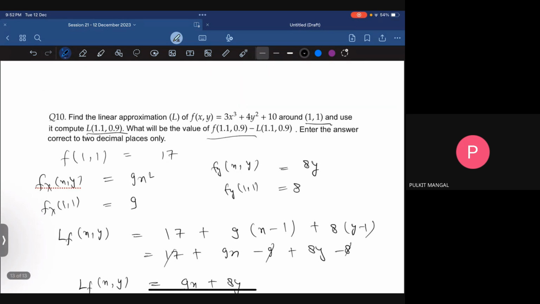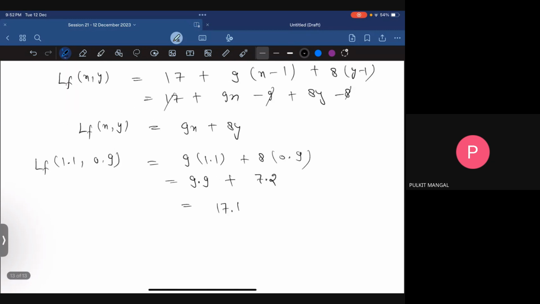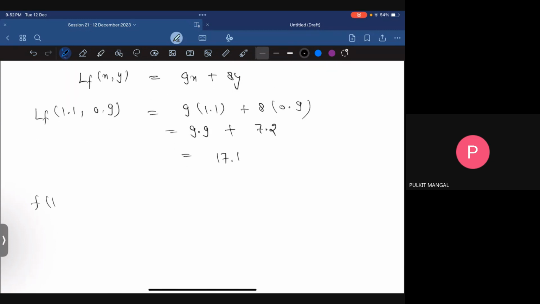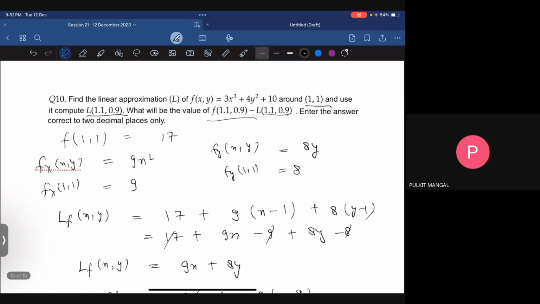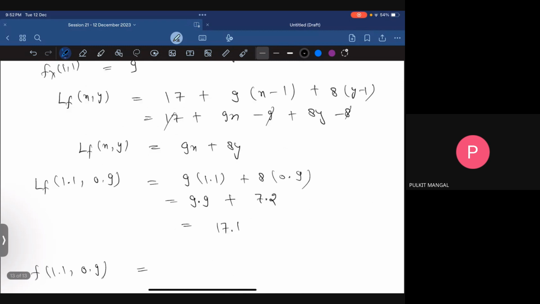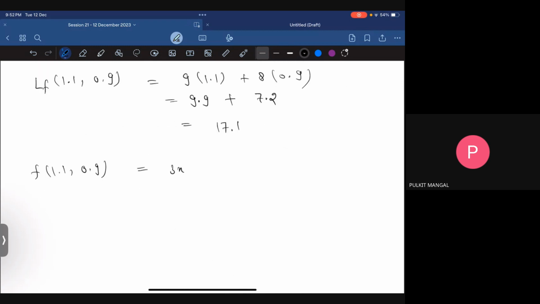So we need the difference of the function value and the linear approximation value. So the function value at the point (1.1, 0.9). My function is described like this: 3x cube plus 4y square plus 10. So 3 times 1.1 cube plus 4 times 0.9 square plus 10.